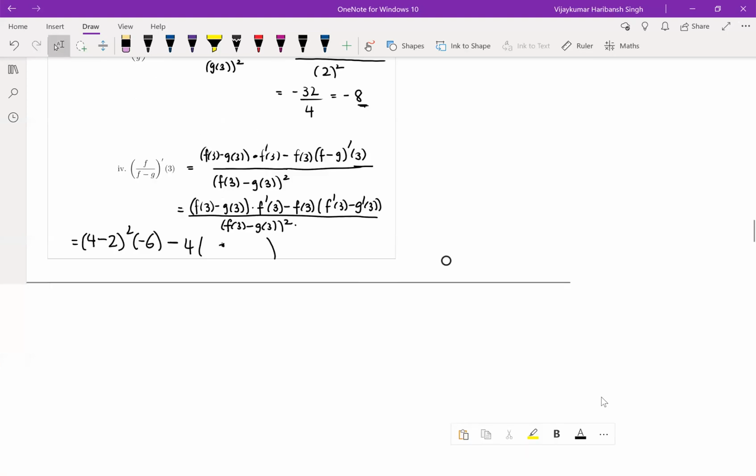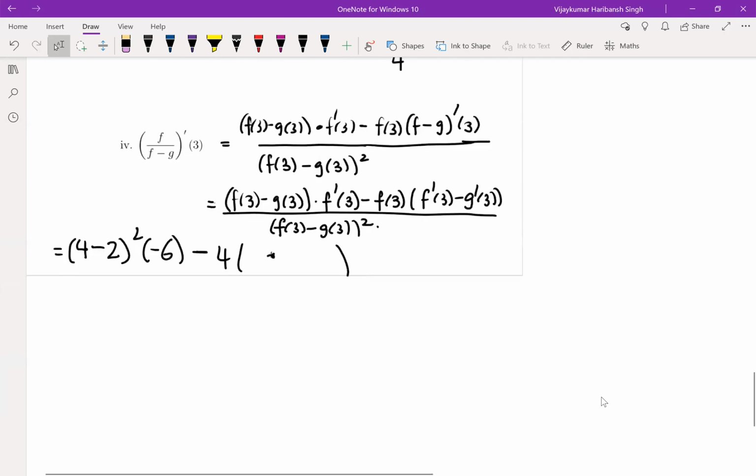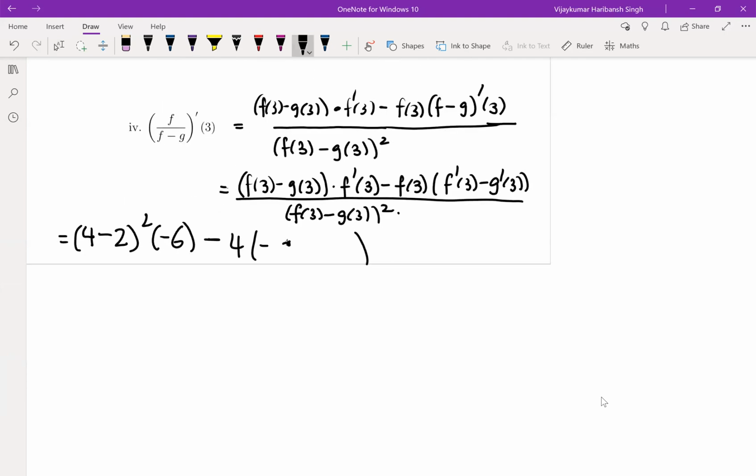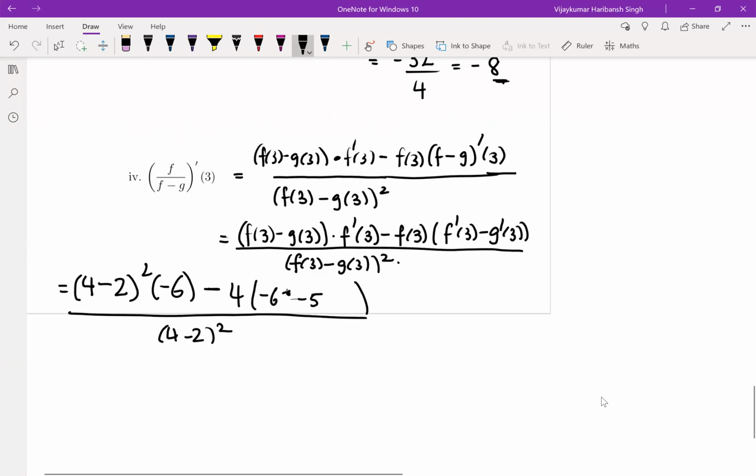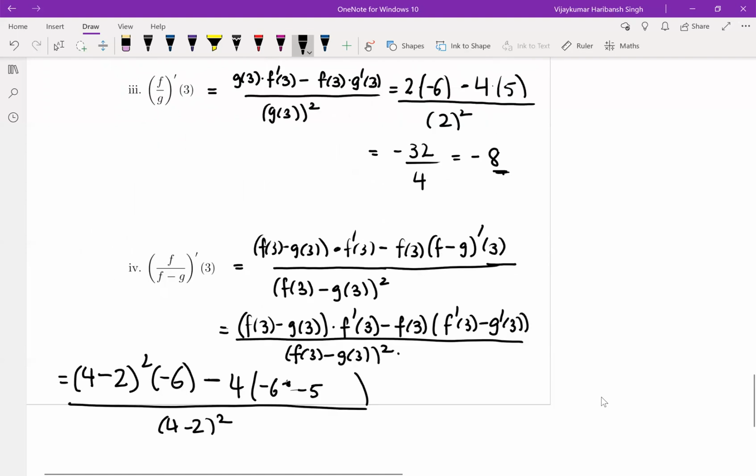So minus 6 minus 5. Then the whole divided by f minus g the whole square, which is going to be 4 minus 2 the whole square. Okay, so these are the values, and now we need to simplify this.